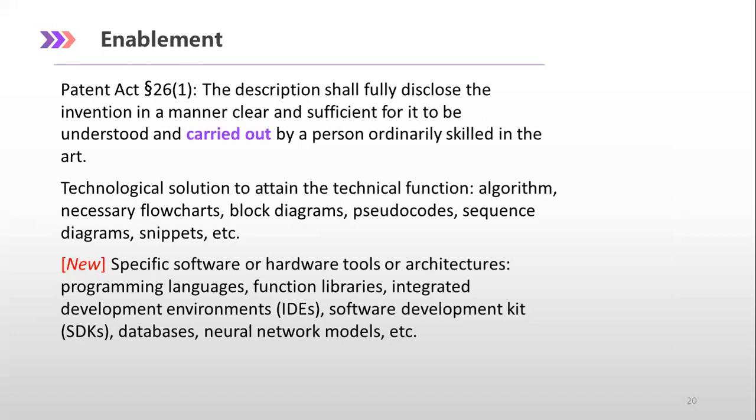For example, if an invention is made by a commercial chip and an associated development software package, the spec should disclose the product name and the model of that chip, and the name and the version of the development package, as well as other information necessary to enable the invention.